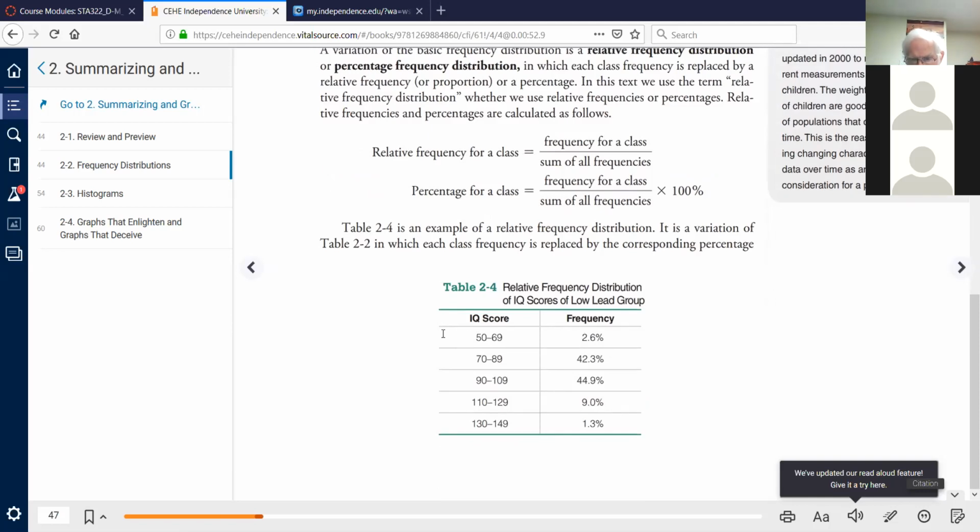So this would be that number, which was something like 2, and the 50 to 69 is going to be 2.6%. So percentages are useful if you really deal with percentages well. They're a useful way of comparing the size of groups. They're more useful than numbers. And this is why you see percentages given, especially in political polls.